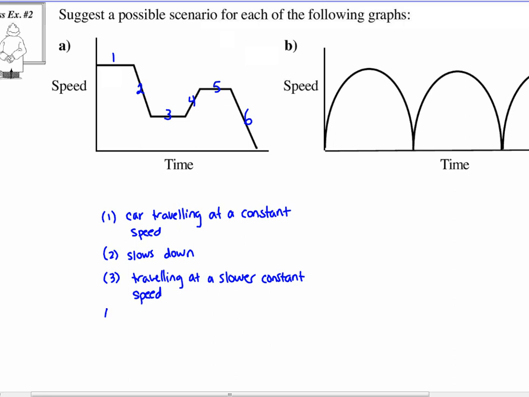And what's going on in 4? So all of a sudden, he increases his speed. 5 will be what? He's going at a steady, constant speed, but still slower than earlier, so slower than 1.